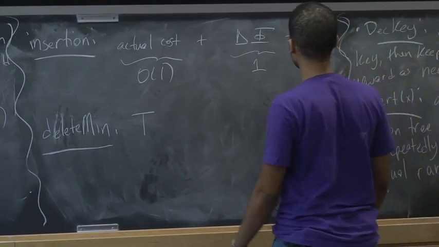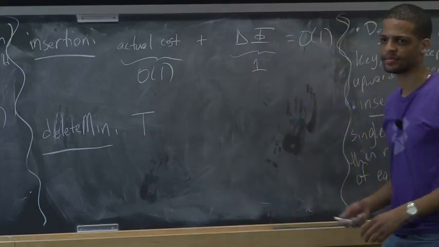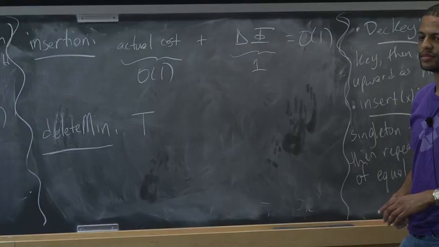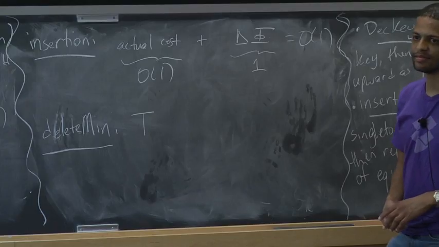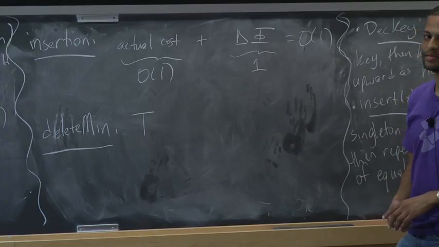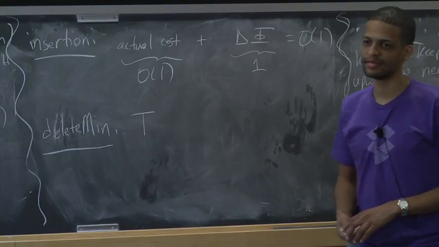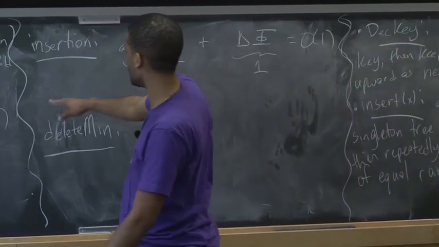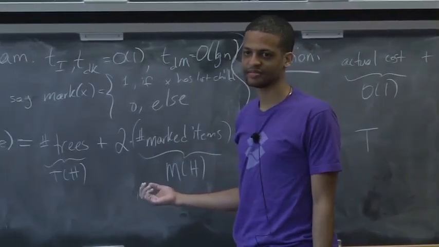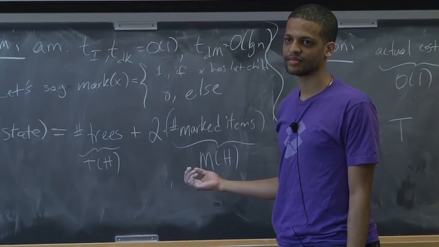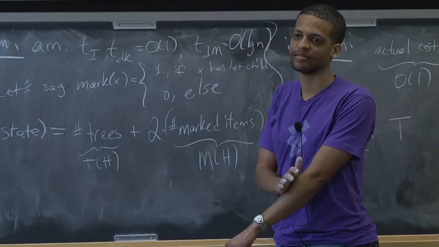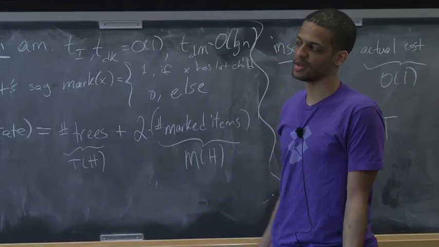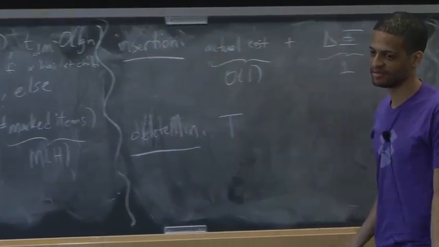So what's now the difference in potential? I have a question. So how much did the number of marked items change by? Almost zero. The guy we just deleted might have been marked.